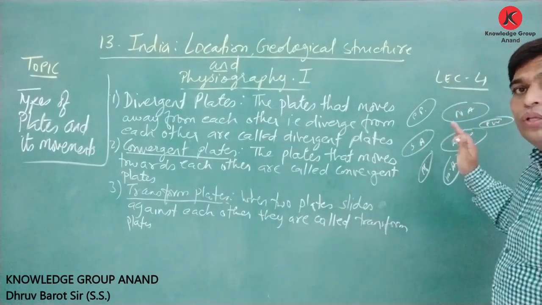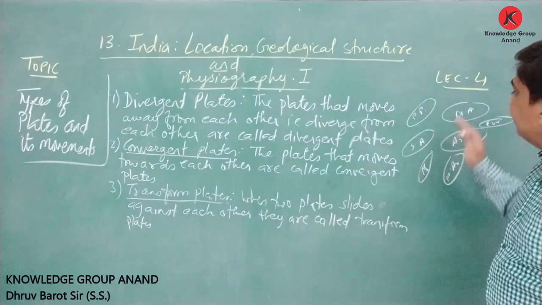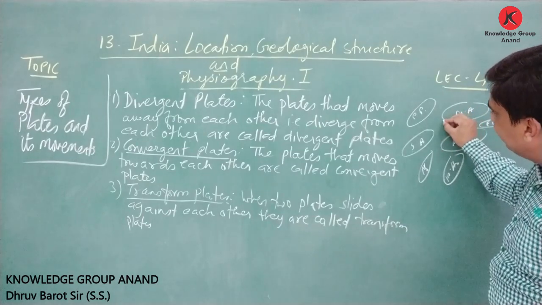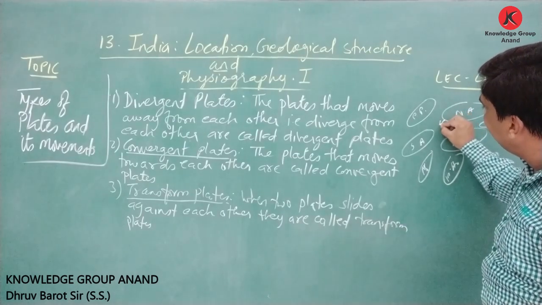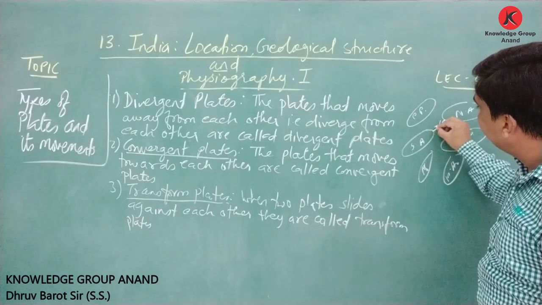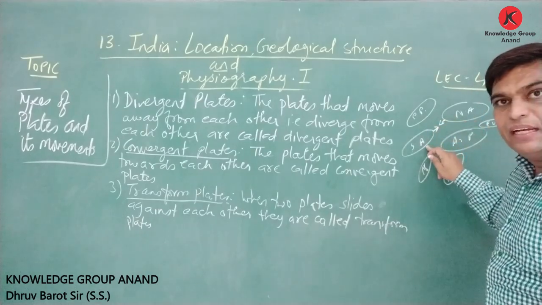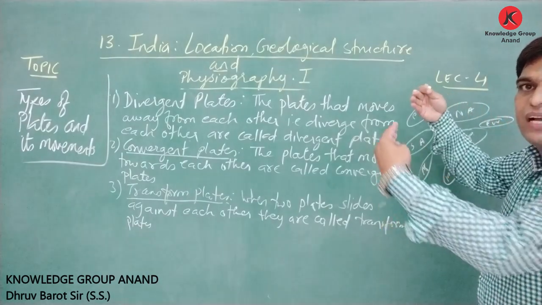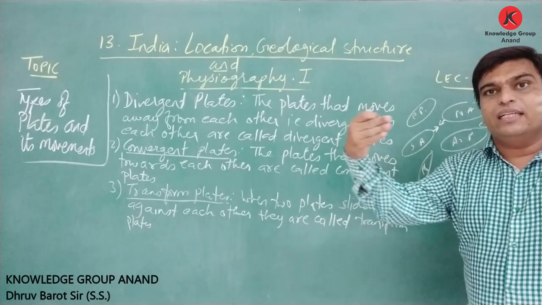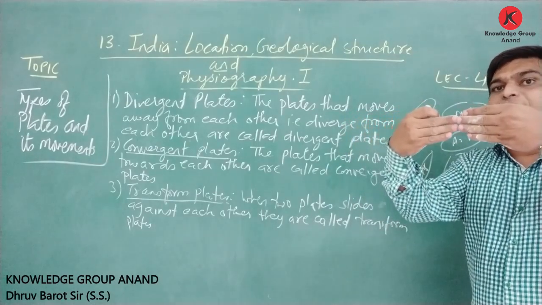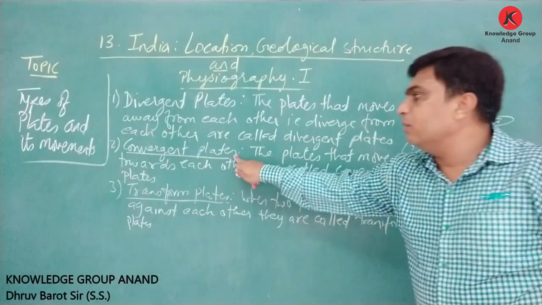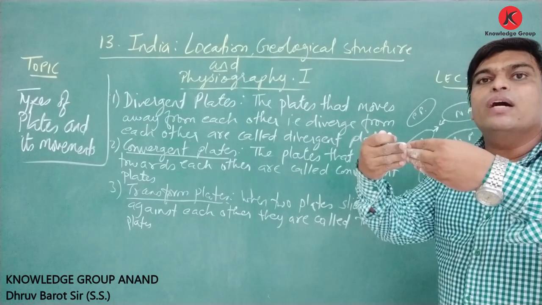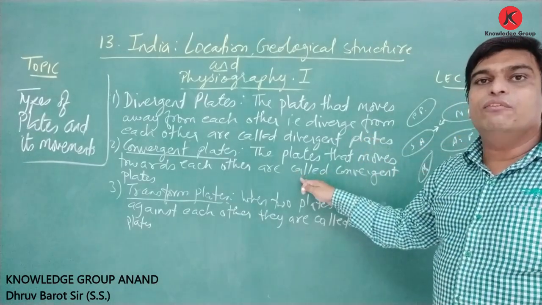Some plates come close to each other. For example, the North American plate is coming towards the South American plate, and the South American plate is moving towards the North American plate. They are moving towards each other, and that is known as convergent plates.